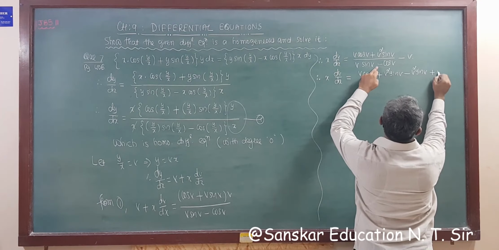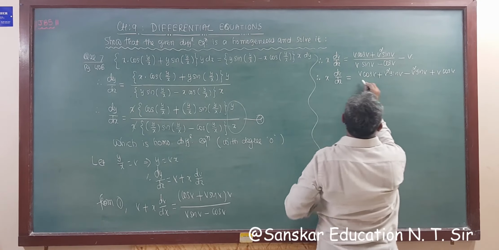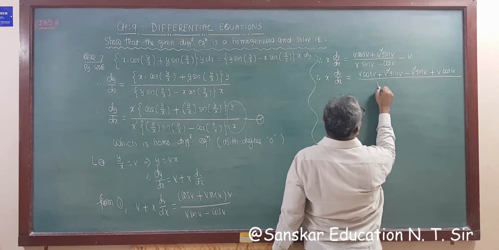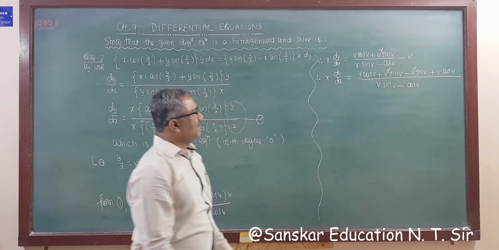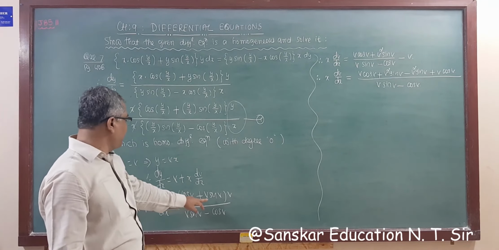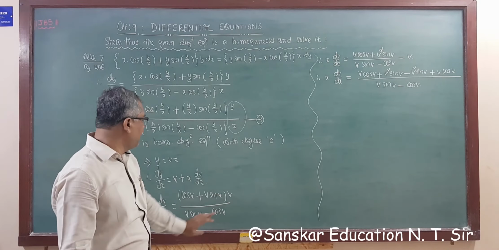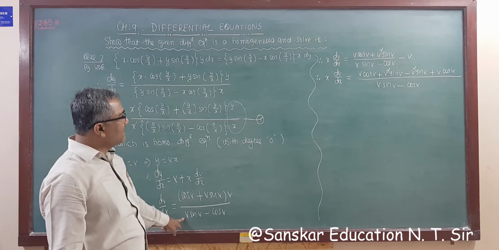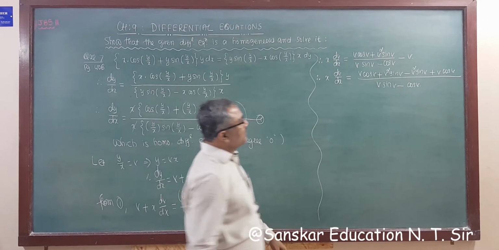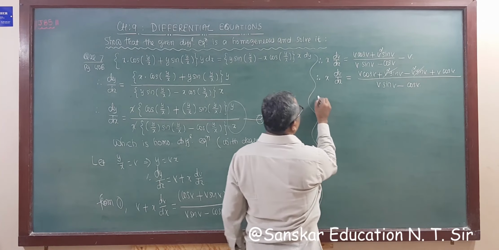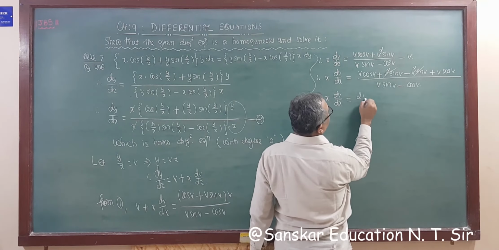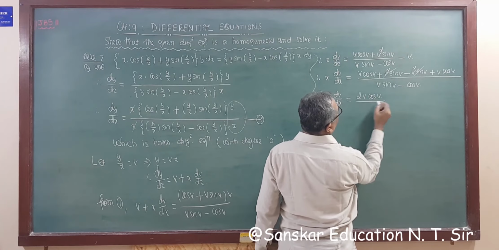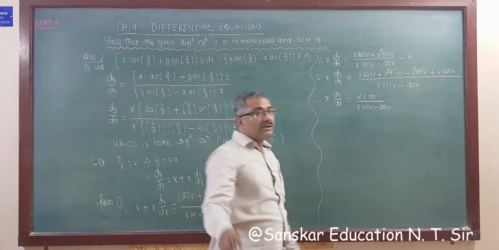And minus minus plus v cos v whole upon this is v sin v minus cos v, right? v cos v plus v square sin v, okay, and v sin v minus cos v. Fine. So this v square sin v will be cut. So we get x dv by dx is equal to 2 times v cos v whole upon v sin v minus cos v, right?